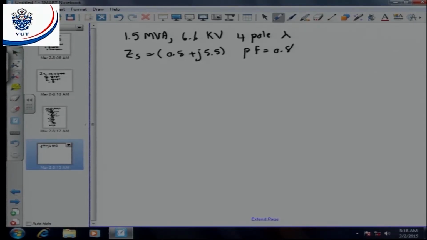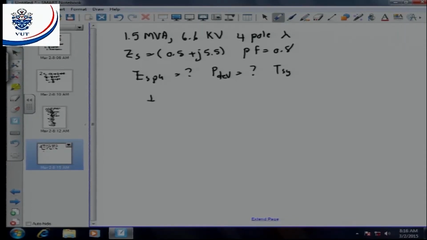Let's calculate the synchronous impedance, electromagnetic power developed, and the synchronizing torque.